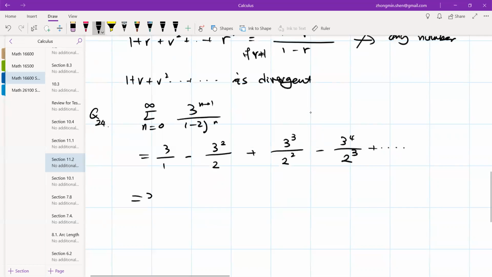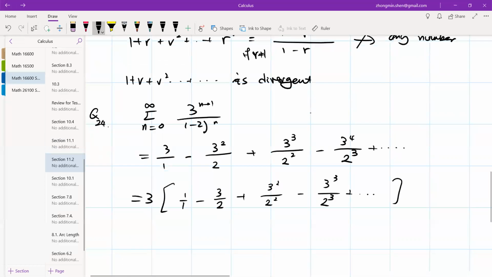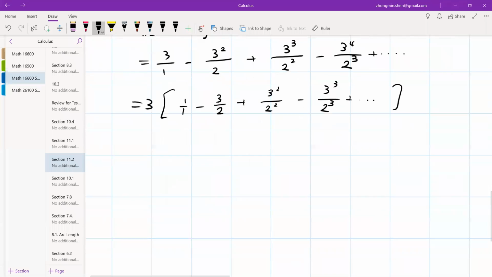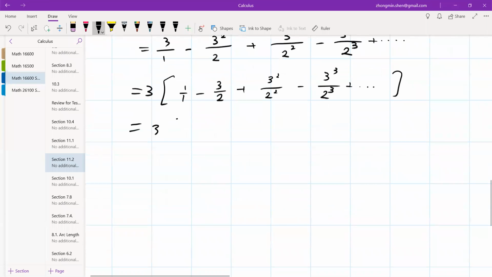So this is going to be 3 times 1 minus 3 over 2 plus 3 squared over 2 squared minus 3 cubed over 2 cubed, and keep going. So this is actually going to be 3 times 1 plus r plus r squared plus r cubed, and so on. Here r is going to be negative 3 over 2.